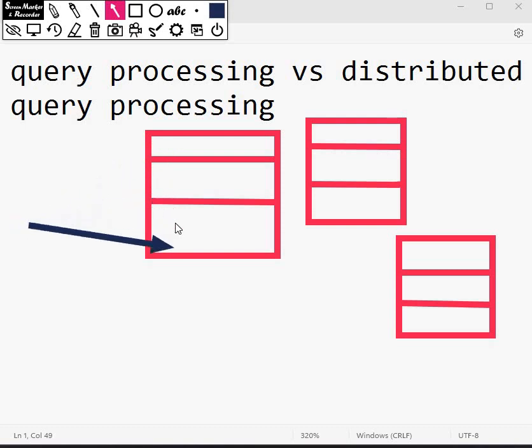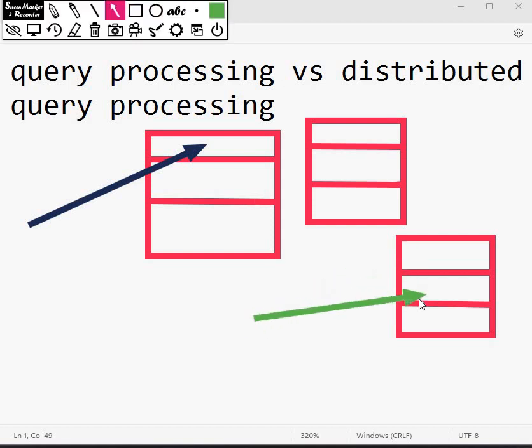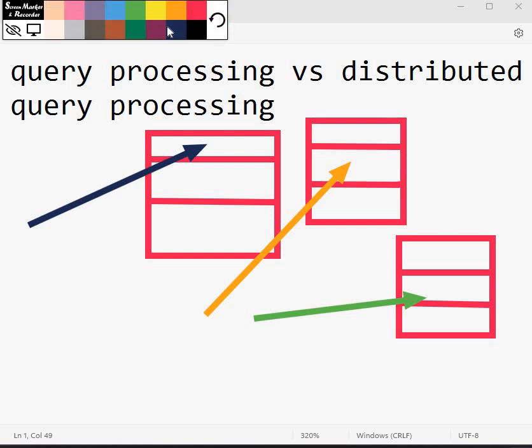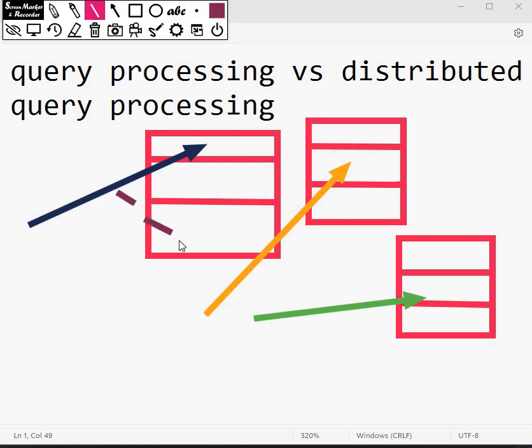So maybe one librarian is searching in this one, another librarian is searching in this one, and then there is another librarian searching in this one, in different buildings, in different libraries. And these librarians will communicate with each other. And what do they do when they communicate? They share information and they collectively work to find that specific request.